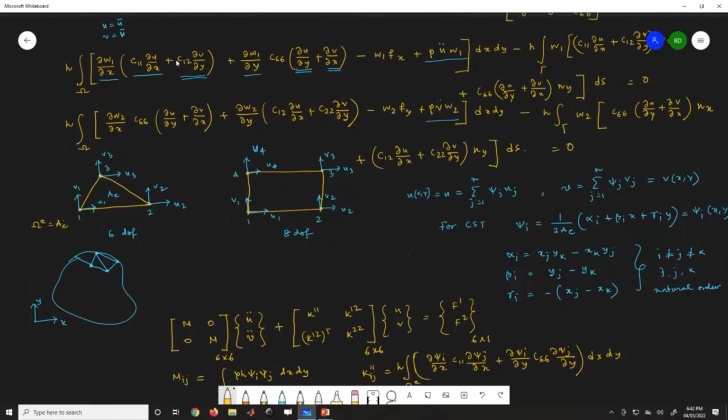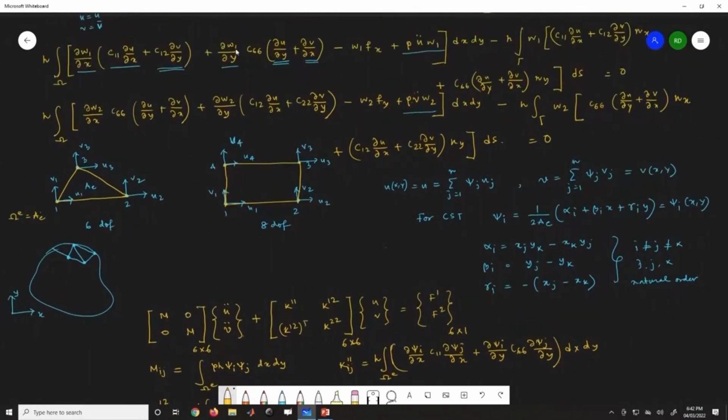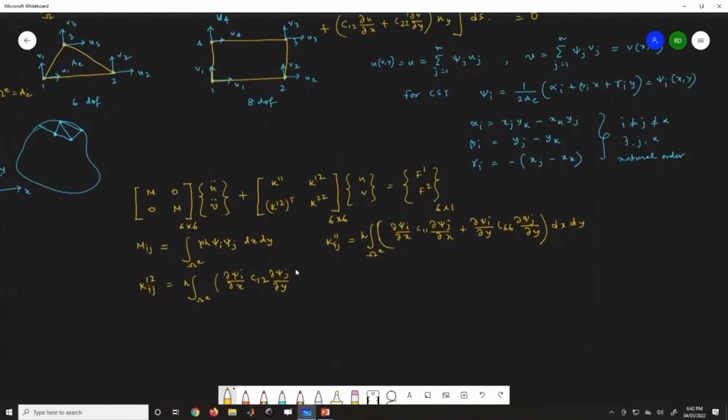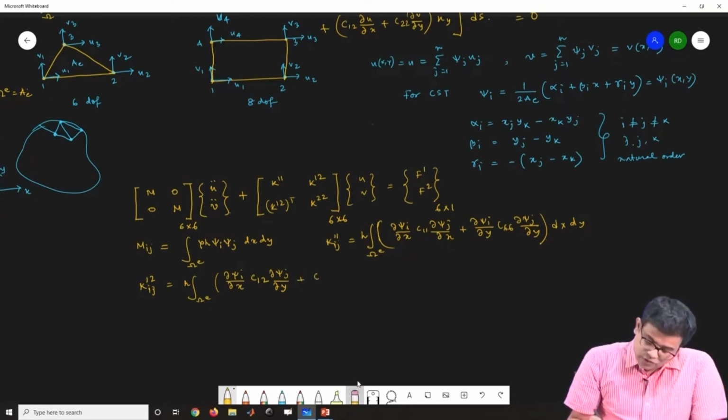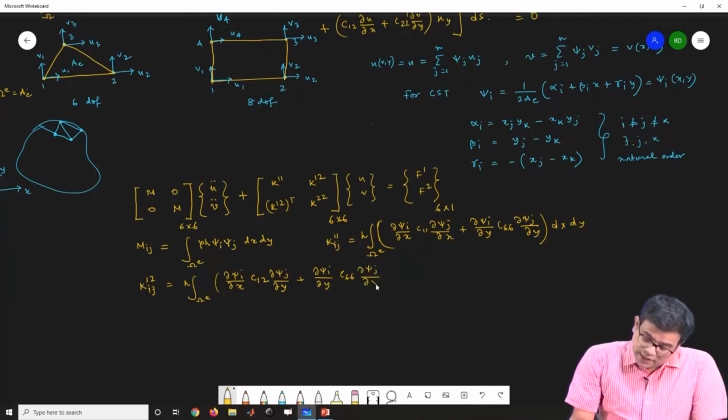Due to this term C12 del psi j del y, and then del psi I by del y into C66 del psi j del x. So, these two terms will be there, plus C66 del psi I by del y into del psi j del x.